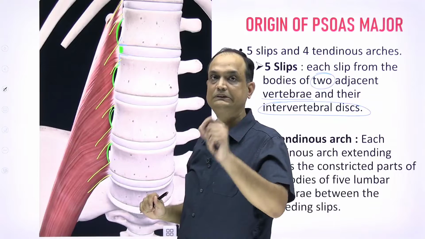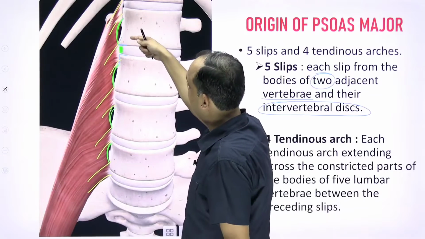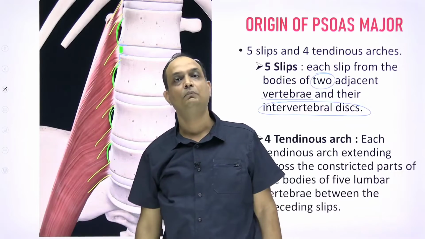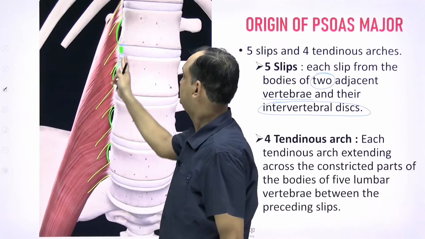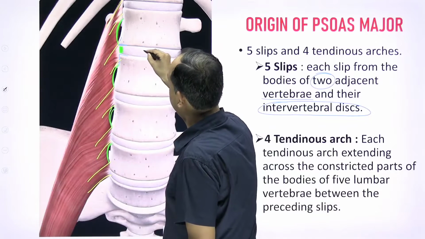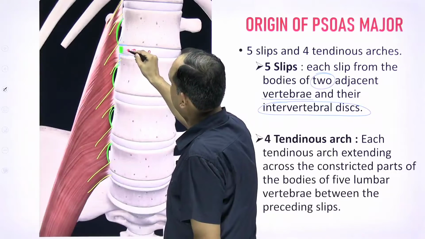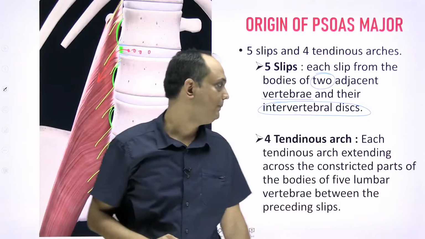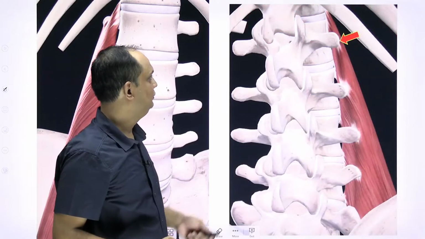A slip is a part of the muscle which is arising from the intervertebral disc and the 2 adjacent vertebral bodies. Clear? And this origin you cannot forget, because when infection arises in these vertebral bodies, it enters from the disc into the muscle. Clear? So this is what you have to understand.